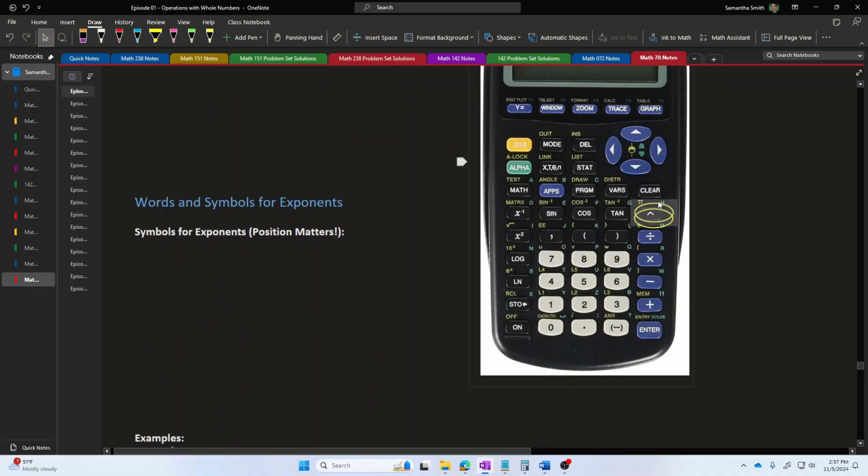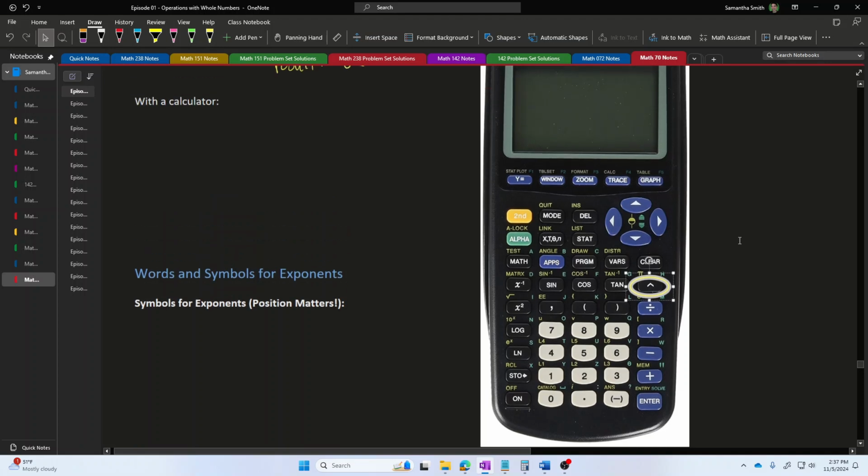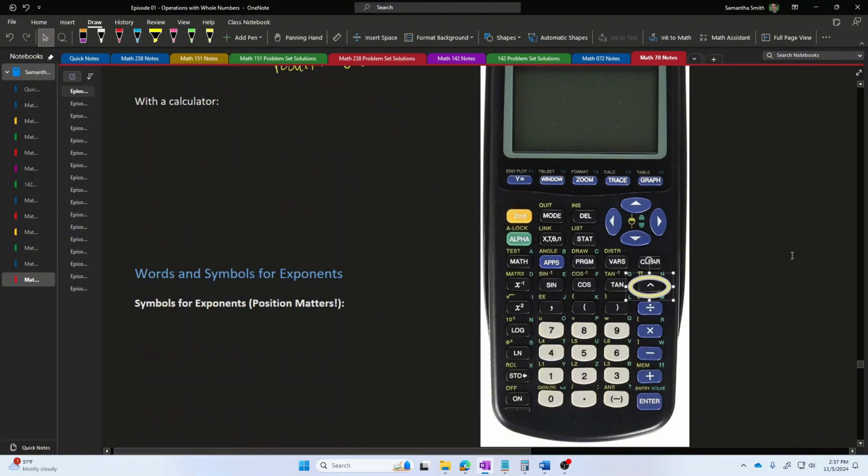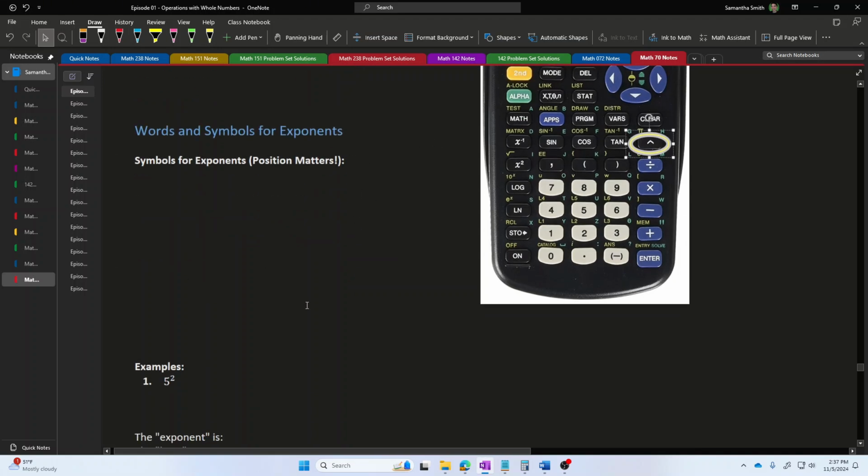I would type in 2 and then upper arrow and then 5 and then enter. And that would give you the same result, 32, in a Texas Instrument calculator. Now, these two different calculators show us the two main symbols used to represent exponents.